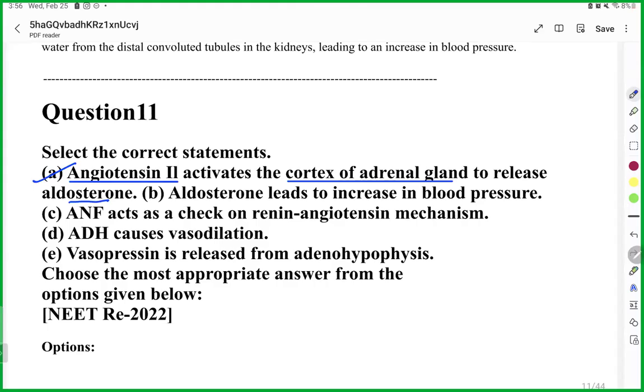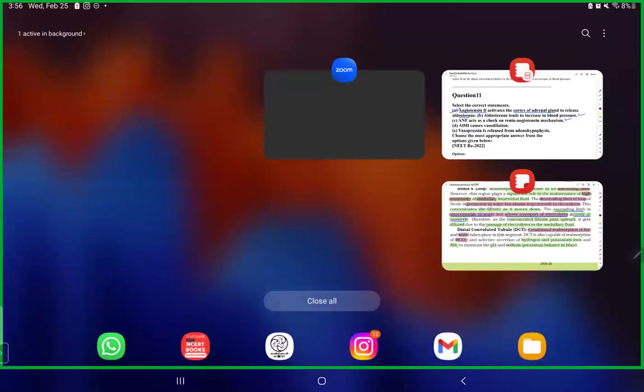Wrong. Aldosterone helps to increase the blood pressure. Next. ANF. Wrong. Check. ANF is used to check the renin angiotensin mechanism.